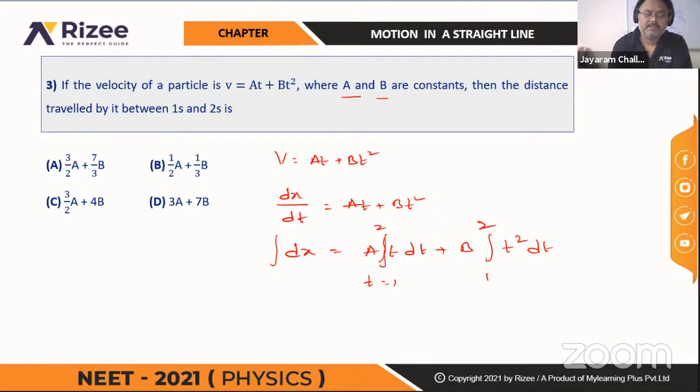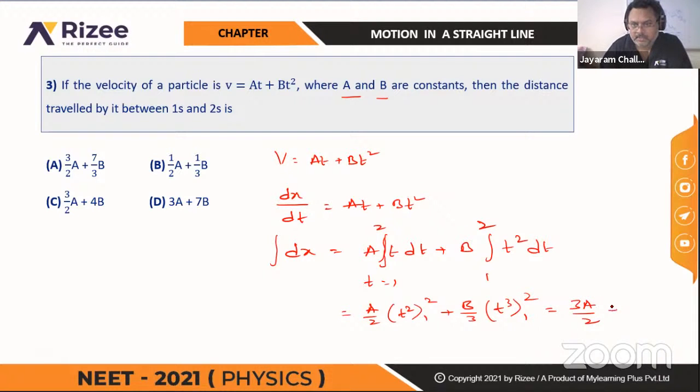The integral of t dt will be, directly writing it, a by 2 times t square with limits 1 to 2, plus b by 3 times t cube with limits 1 to 2. On substituting the limits, upper limit minus lower limit, we will be getting 3a by 2 plus 7b by 3. Sorry.